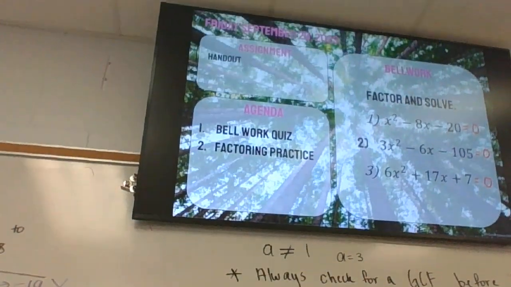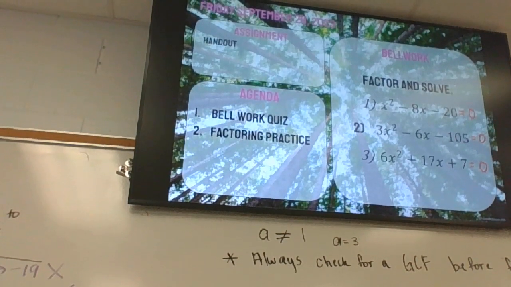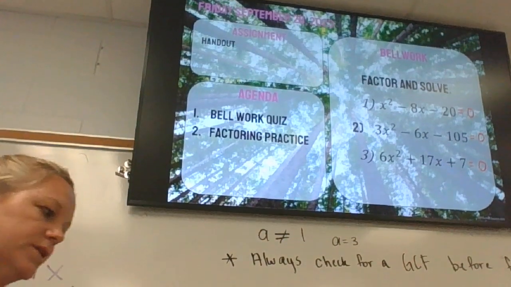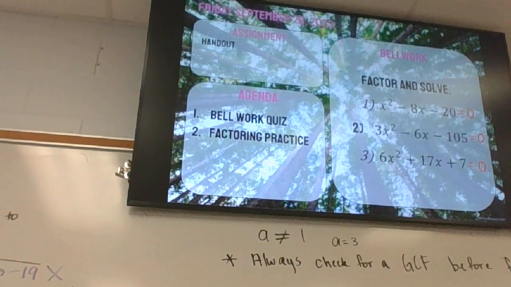Why don't you just get rid of the 3 as soon as you divide? Why do you have to put it in front? Technically, you don't. 0 divided by 3 is 0, right?